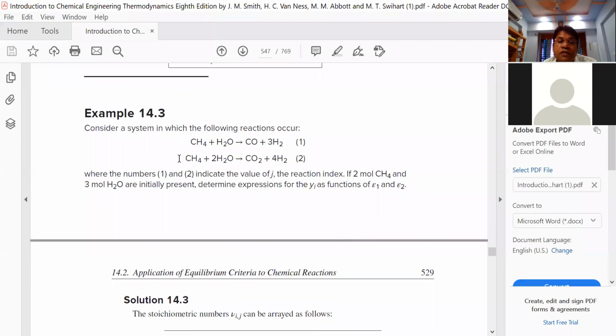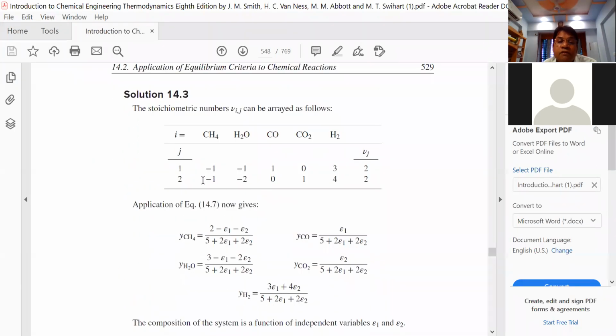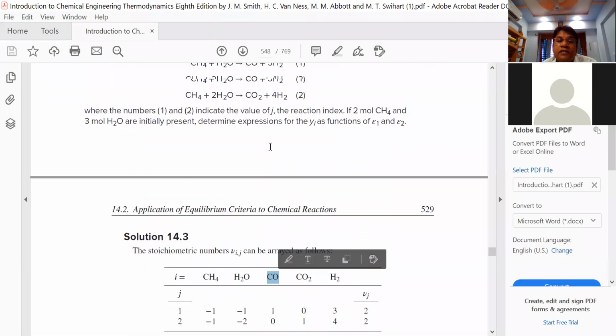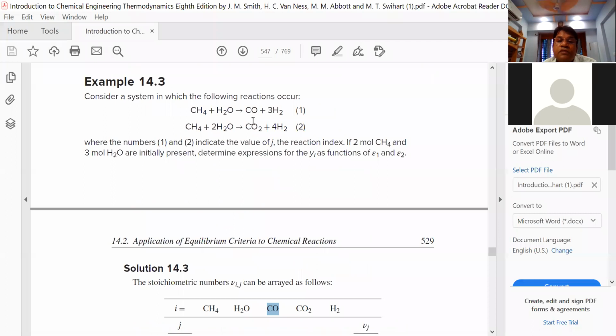It is -1 here, here it is -2, here it is +1, then here it is +4. So it is written -1, -2, +1, +4. And there is no carbon monoxide in the second reaction, so it is 0.